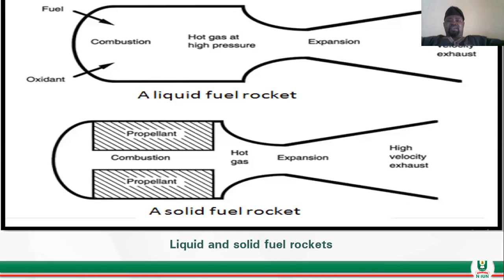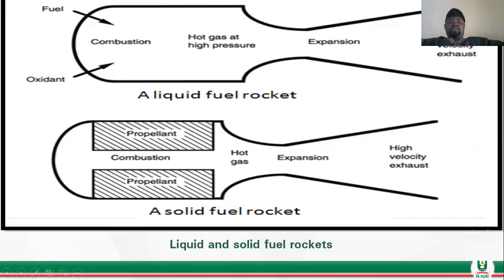Now, this is the diagram of the liquid and solid fuel rockets. In the liquid fuel rocket, we have the fuel and the oxidant in the chamber, then combustion, then hot gas at high pressure is released, then expansion takes place, and high velocity exhaust is achieved.